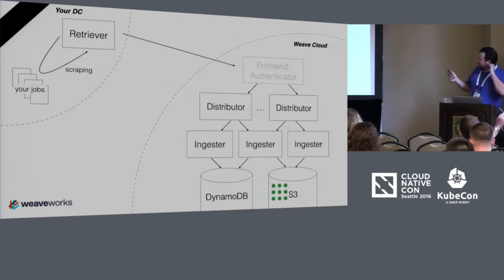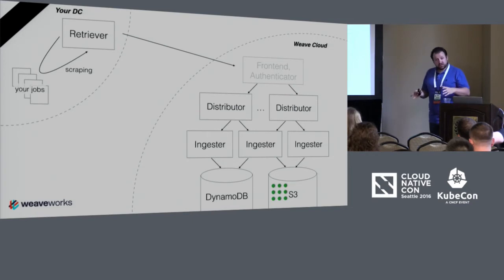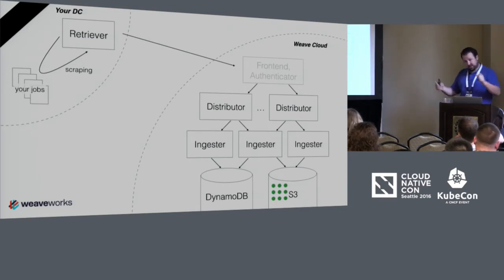To give you an example, I think we're using the double delta encoding right now, and we get about 300 samples per chunk. There's about 10 writes per chunk into DynamoDB. I'll get into more detail later, but DynamoDB stores an inverted index, so every label value pair has to be written into DynamoDB. And so on average, we found it's between 8 and 10 users who are using our system have that many label value pairs on each metric.